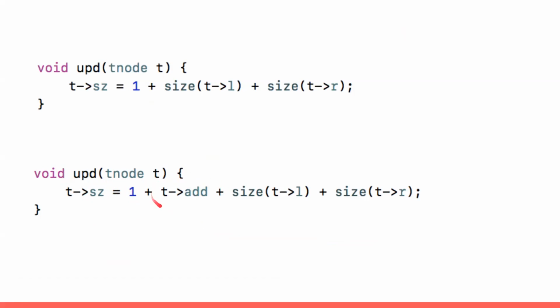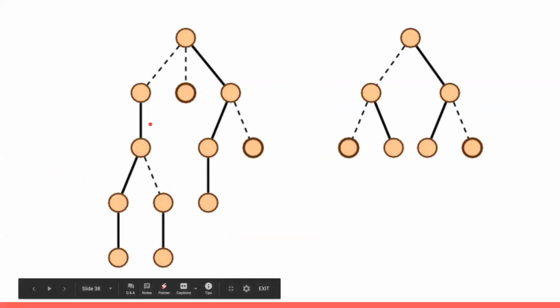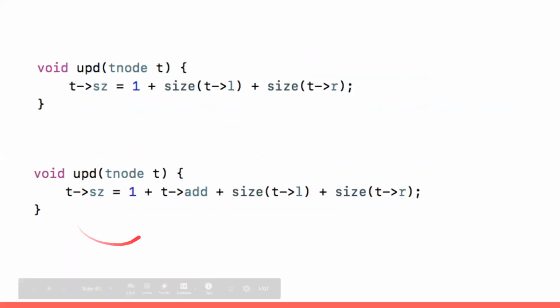When we are counting the size, we are also counting the add, because when we want to find the number of elements in some splay tree, we will also count all the splay trees that depend on it, I mean all the splay trees that are lower than that one. For example, this splay tree is lower than this one, and all other splay trees are lower than this one. That is why we should update our update function.